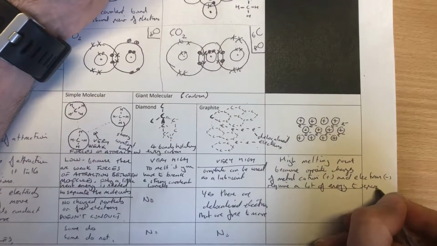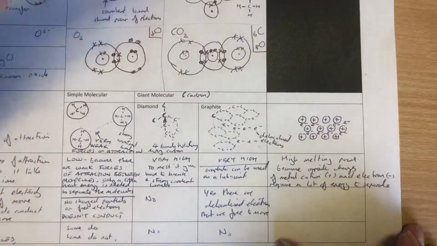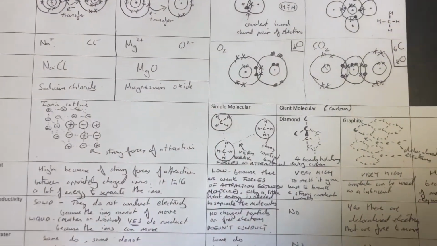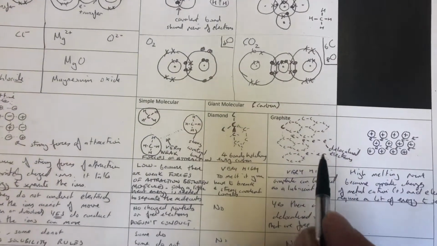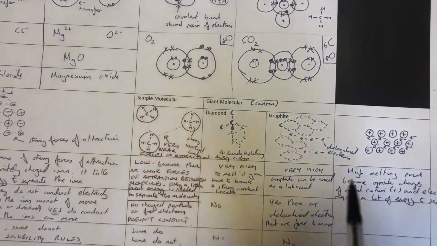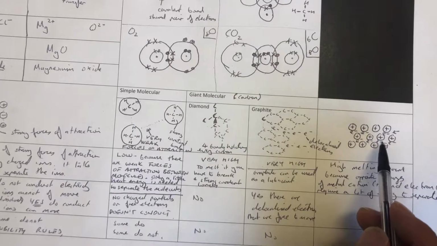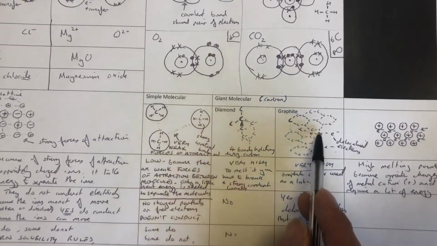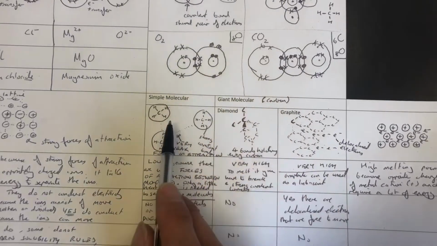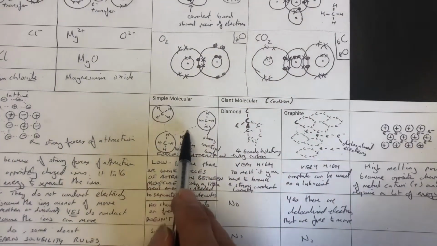So hopefully you're seeing a theme to melting points now. When we discuss melting points, we say, look at the structure. Is the structure easy to separate or hard to separate, and if so, why? Metals, hard, oppositely charged ions strongly attract. Giant molecular, hard because we have to break bonds. Simple molecules, easy because there's nothing holding the molecules together, weak forces of attraction between molecules.